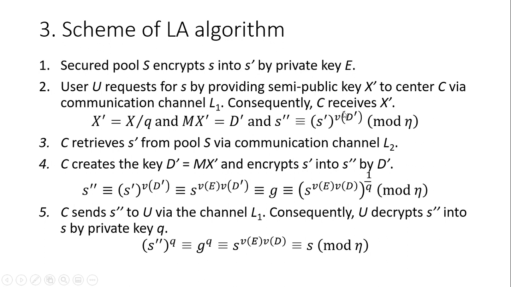Consequently, C receives S squared equal to S divided by Q, and M squared equal to D squared, and S double squared is congruent to S squared^VD squared modulo N.